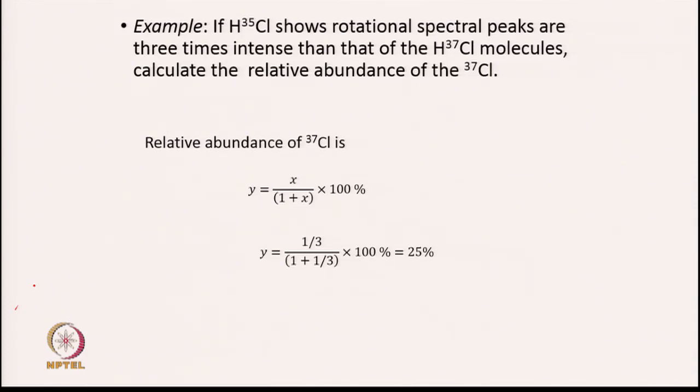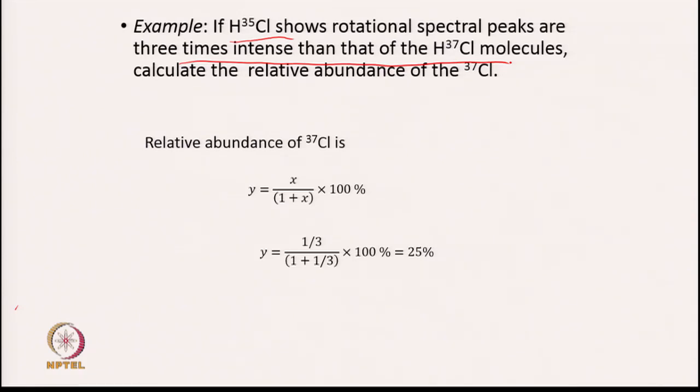So, in the given example, H35Cl, hydrochloric acid, where chlorine is in the isotope form 35Cl, shows a rotational spectrum peak which is 3 times more intense than that of the H37Cl molecule.